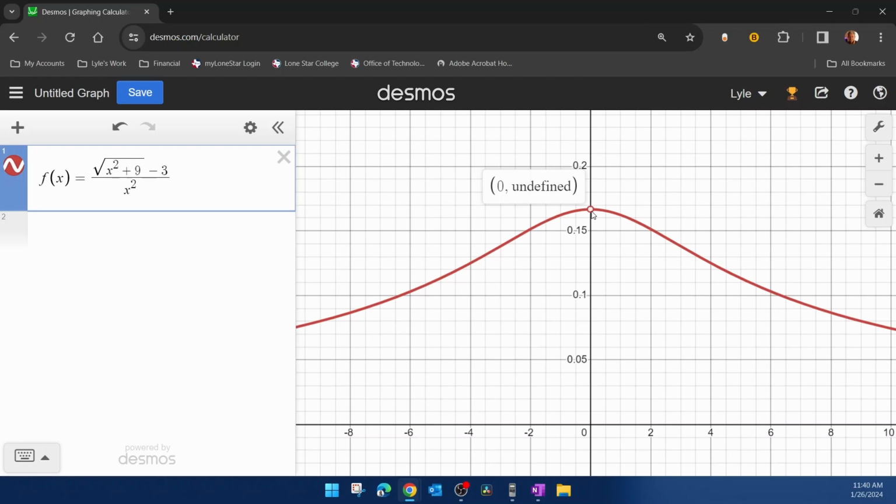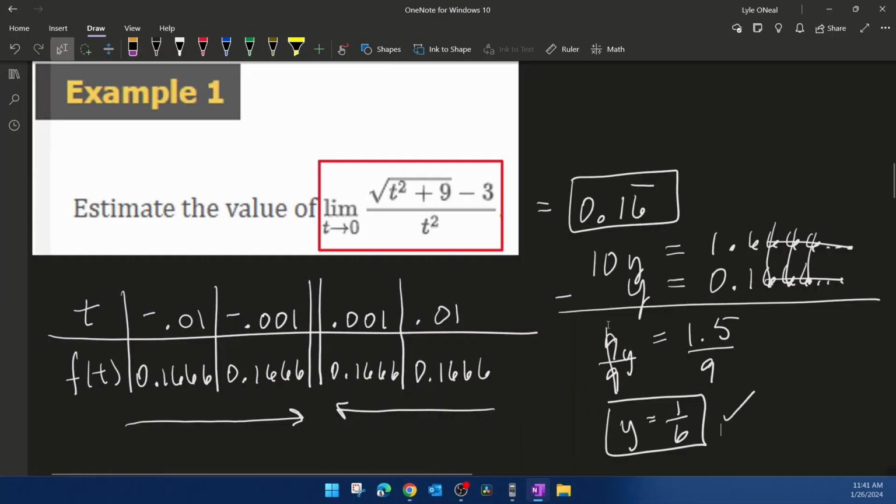The limit only cares about what happens as you get close to 0. So coming in from the right, you can see that those y values are also approaching 0.16 repeating. Again, when we get to 0, it's undefined, but that doesn't matter to the limit. So this is simply a graphical representation of what we did algebraically in our problem.